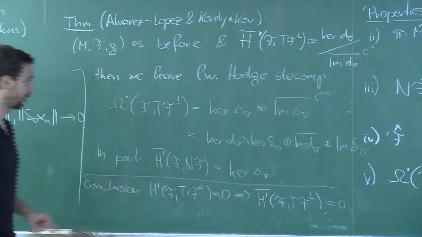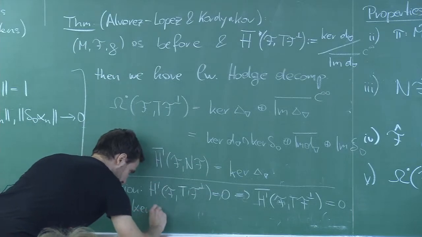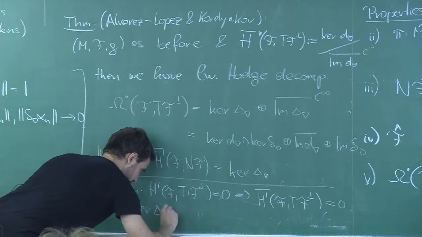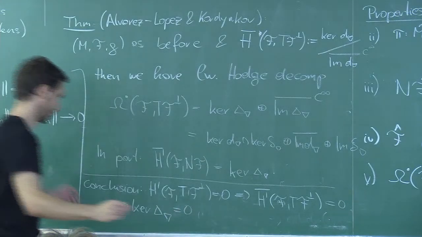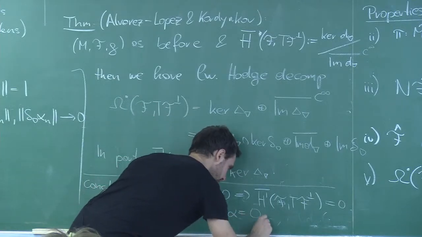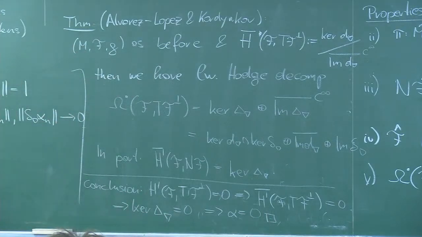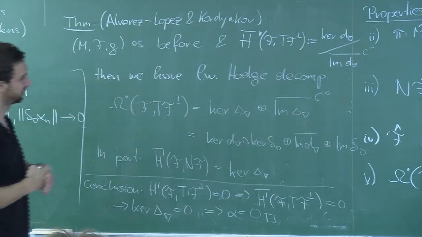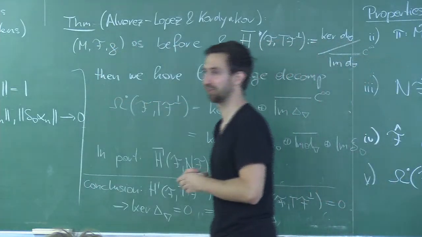Which means that the kernel of the Laplacian is 0. And so is the corresponding closure, and so alpha has to be 0. Okay, and that finishes the proof. Okay, so that's the proof. Right, and I think I will stop here. Thanks for your attention.